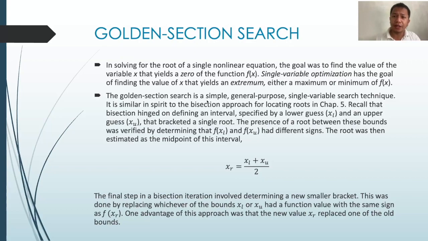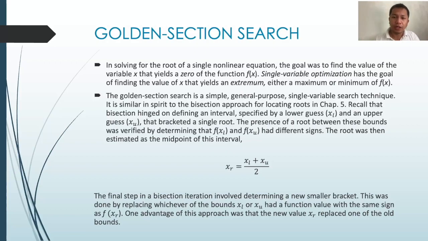Single-variable optimization has the goal of finding the value of x that yields an extremum, either a minimum or a maximum, of the function of x. The golden section search is a simple, general-purpose single-variable search technique. It is a similar approach to bisection for locating roots, which we saw in chapter 5.